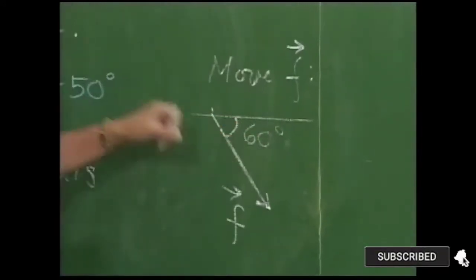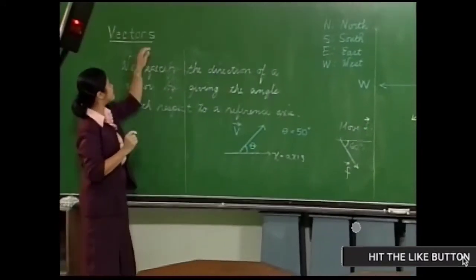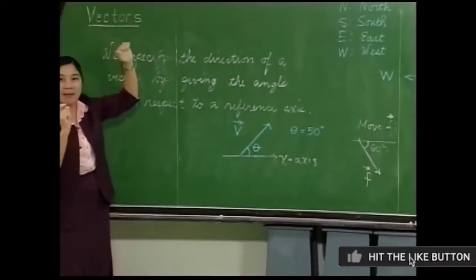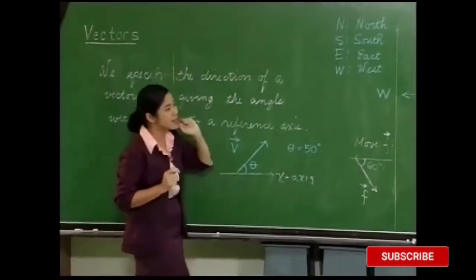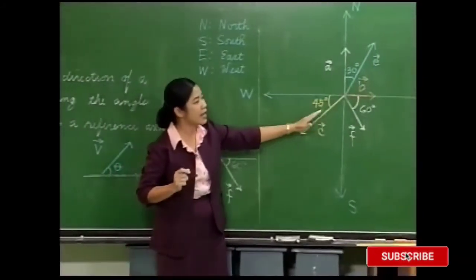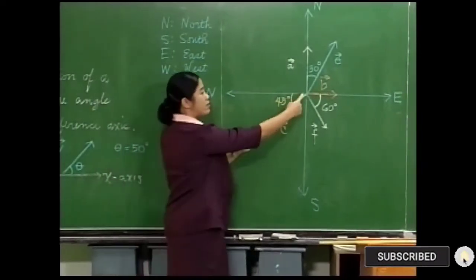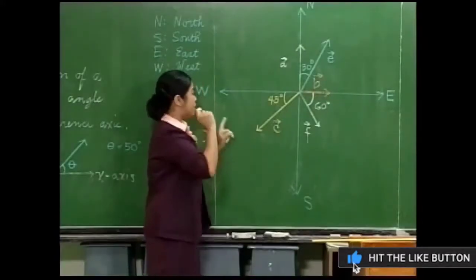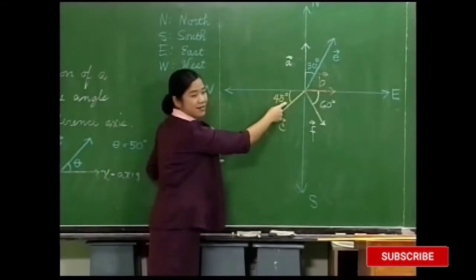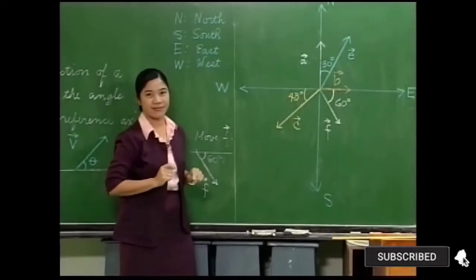So it's very important that you understand that a vector has magnitude and direction, and we represent vectors by arrows. The length of the arrow, how long the arrow is, will tell us about the magnitude of the vector, while the angle will give us the direction of the vector.